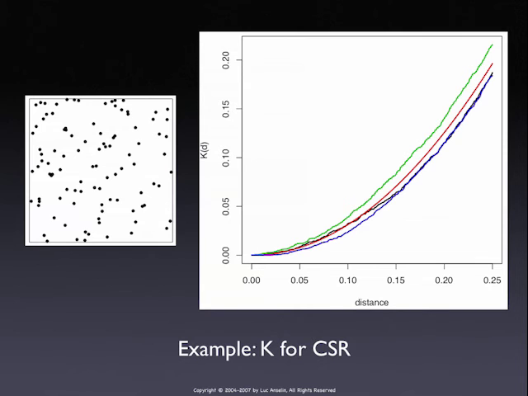Okay. So as the distance increases, the quality of our K estimate goes down. It gets worse as an estimate of the true K function for our pattern. In this case, we're cheating because we know what the true function is.